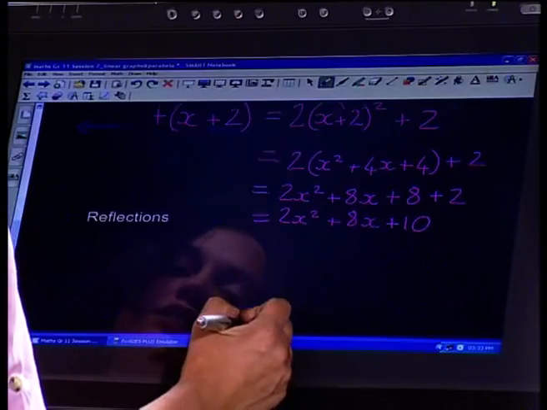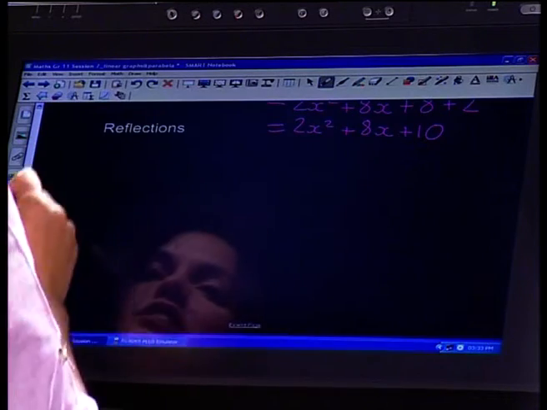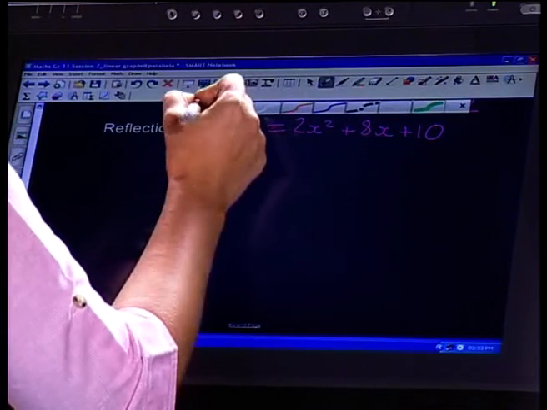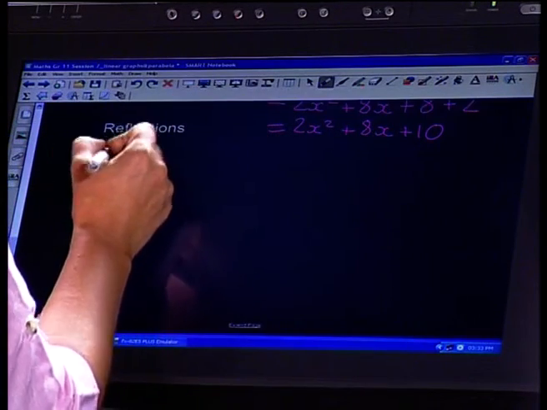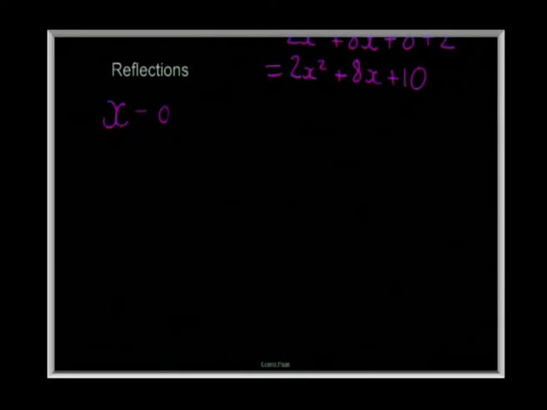Moving on to reflections. Now reflections I like to think of in terms of transformations. If we wanted to reflect about the x-axis, remember the formula for the x-axis is y is equal to 0. So that means the rule for the transformation would be (x, y) becomes (x, negative y).